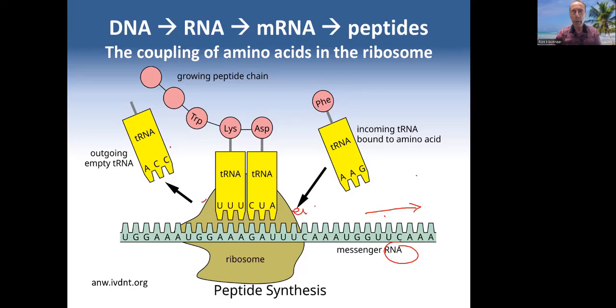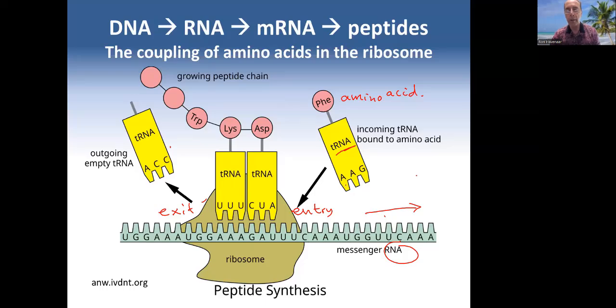This is the entry, and this is the exit. This is a transfer RNA, and this is the amino acid coming in. Every different amino acid is coupled to a specific coded transfer RNA.